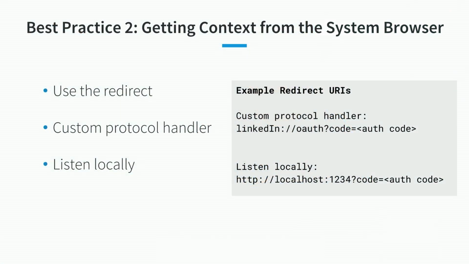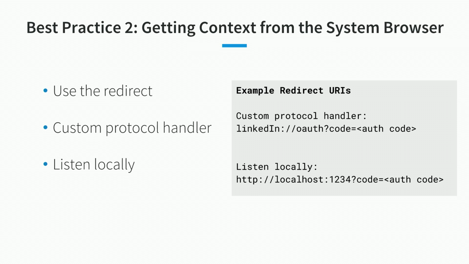This is actually better for mobile apps because the infrastructure is already built. It may not look like the example we have up there, but mobile apps will give you the framework to use a custom protocol handler to receive the authorization code. And if you're using an SDK for OAuth, you don't usually have to be concerned about this, so long as the SDK opens the system browser to perform the OAuth flow.